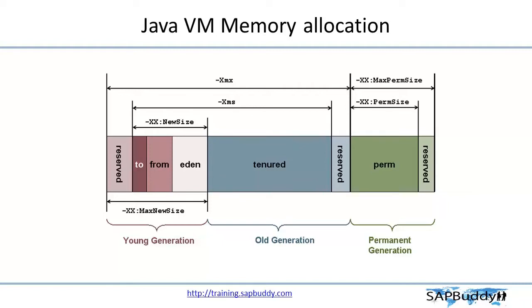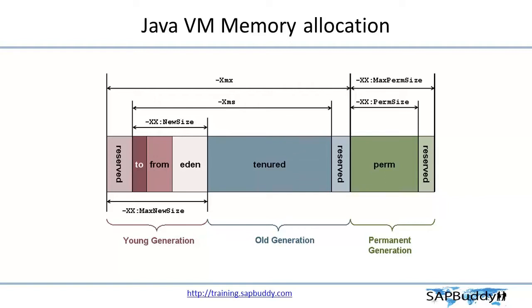The objects that have been newly created by an application are stored in the young generation. The objects that are required for a longer period by the application are saved in the old generation, or tenured generation. As a newer object grows older, it will become part of the older generation.